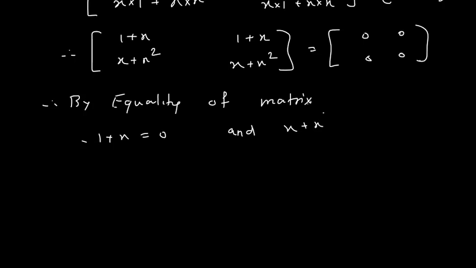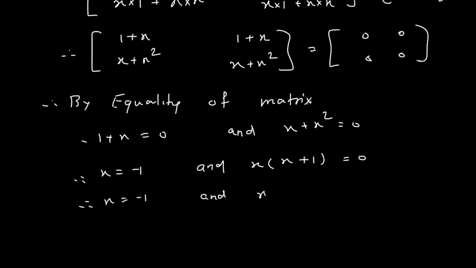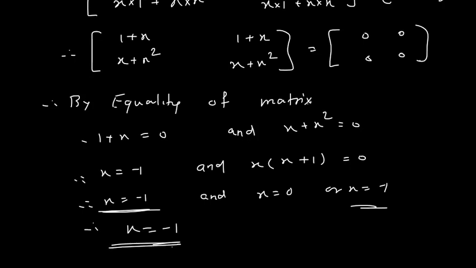Okay, so here therefore we get x is equals to minus 1, and here we can take x common, and here we have 1 plus x or x plus 1. I will say this is 0. So therefore x is 0 or x is minus 1. So x is minus 1 is common, so therefore we will say that x is equals to minus 1. So x is equals to minus 1 is the answer.